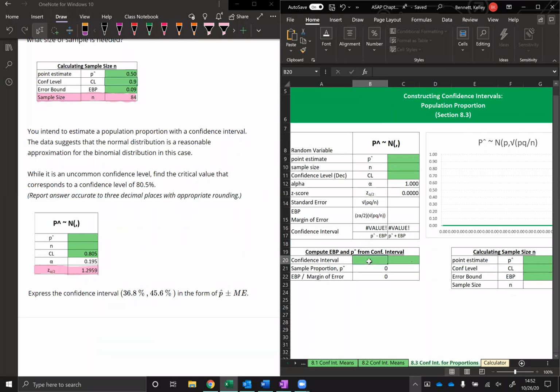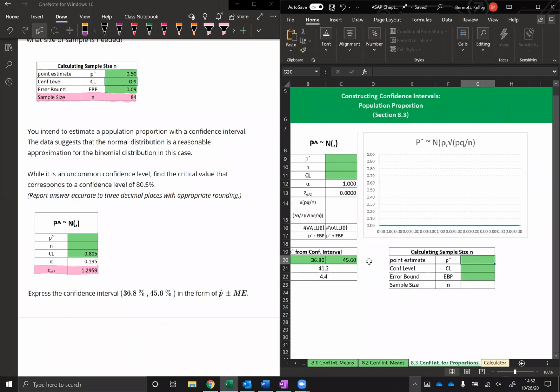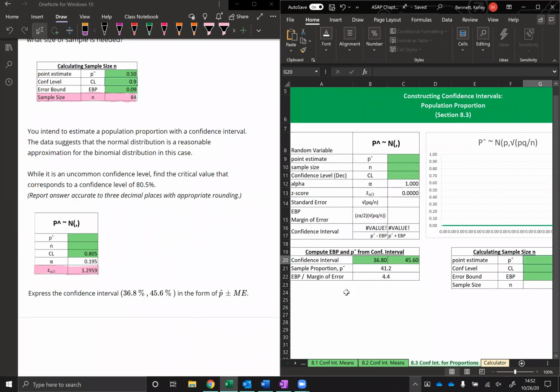So I just need to input my lower bound, 36.8, and my upper bound, which was 45.6, and it's going to compute my sample proportion, p hat, and give me my error bound for the proportion, aka my margin of error.